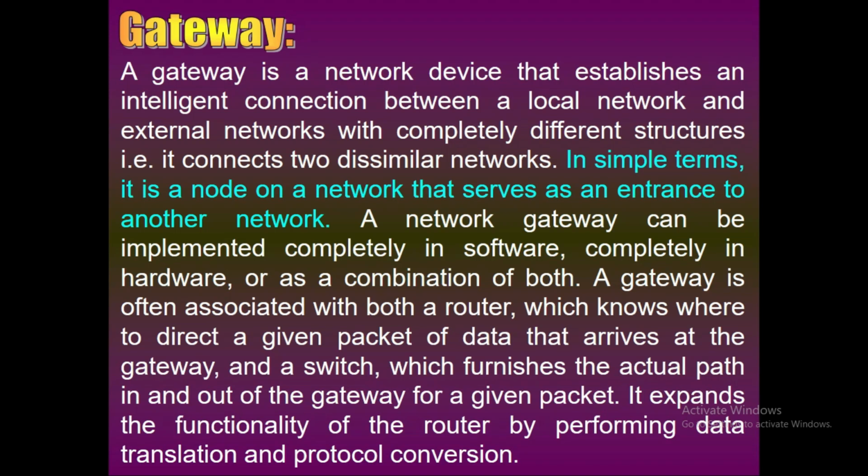Before the switch, the router works. The router decides to which switch the data should go, and then the switch transfers the data to its network. It expands the functionality of the router by performing data translation and protocol conversion.